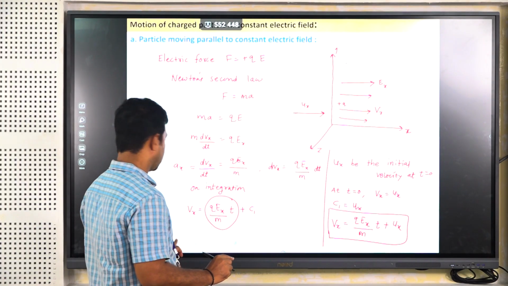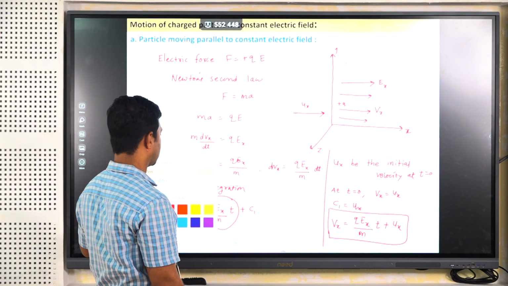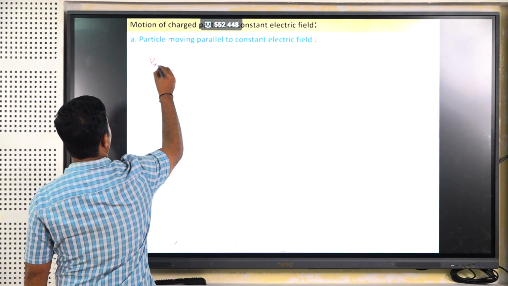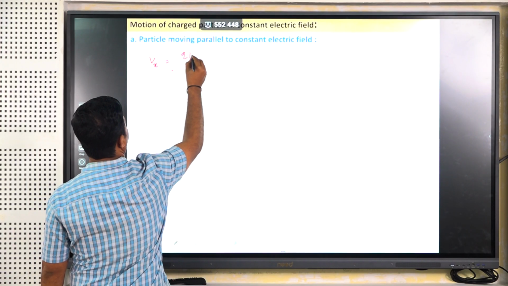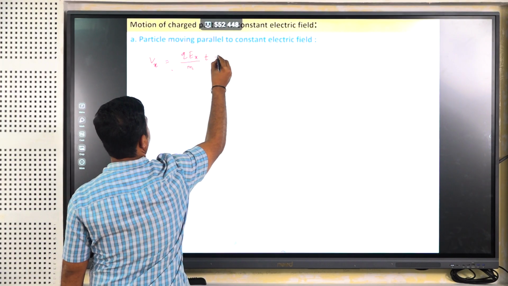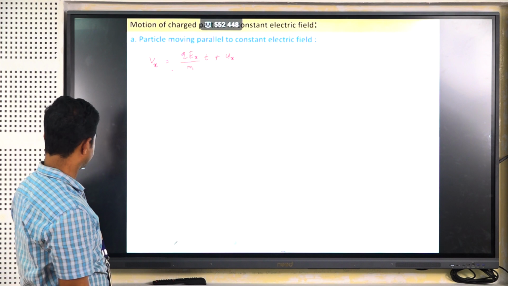How to find it? We write this equation, vx is equal to qEx upon m t plus ux. This is the velocity of the charged particle.